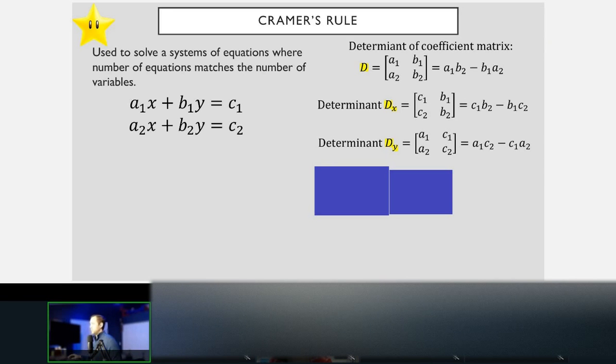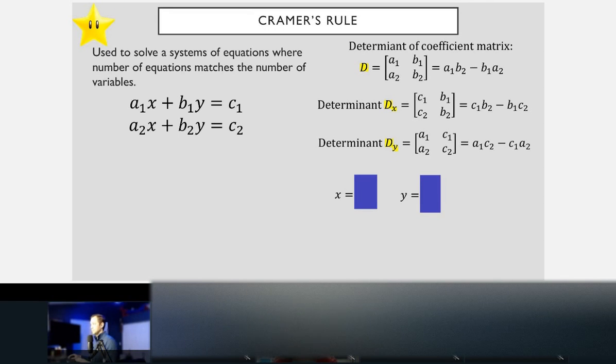All right, once you have those three things, the determinant d, d sub x, and d sub y, we can now solve for x and y. Super easy. The x solution is going to be d sub x divided by d. Your y answer is going to be d sub y divided by d. And that's it. You have your answer.